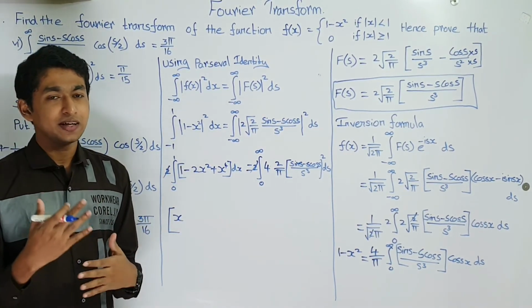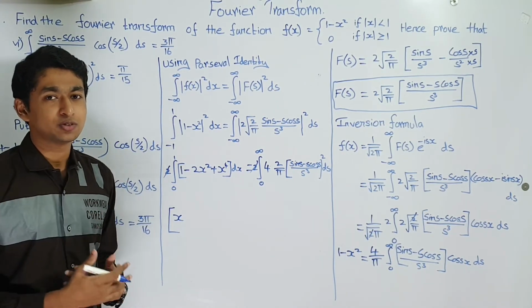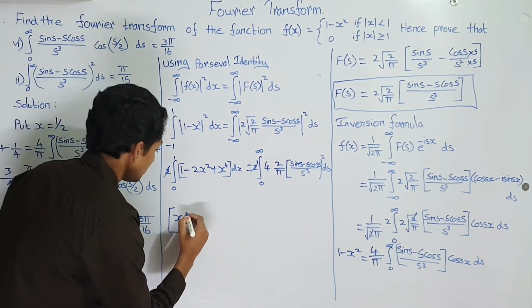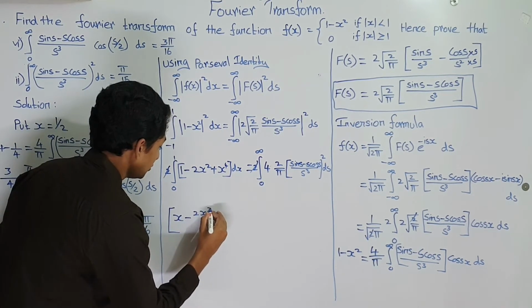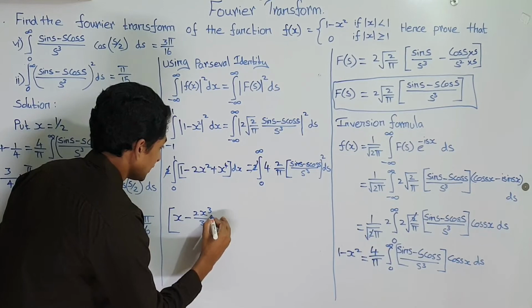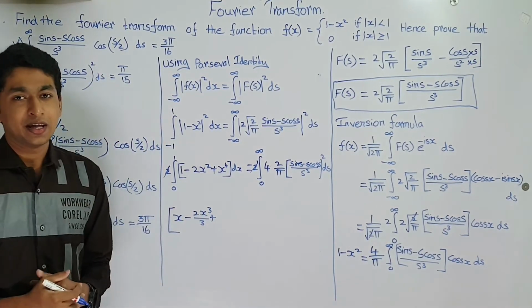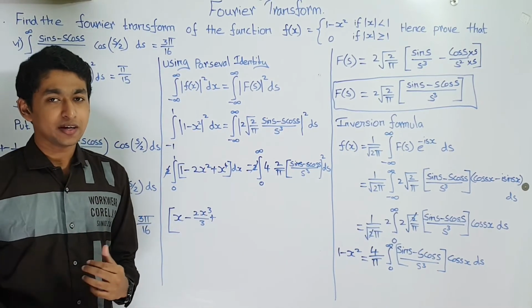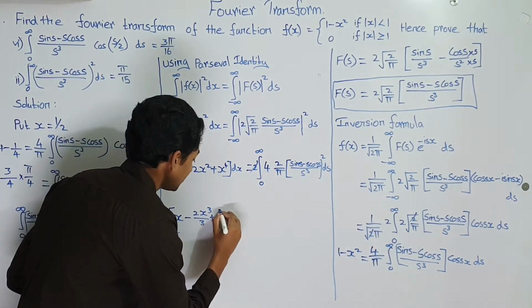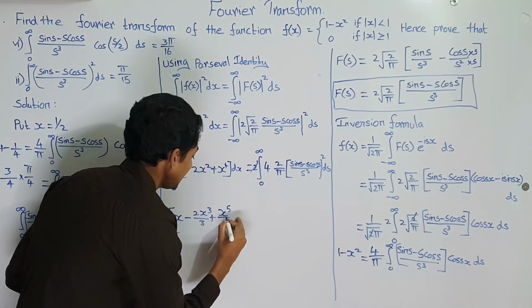So what is the integration of x square? So x power 3 divided by 3. So இங்க மைனஸ் இருக்கு and 2 இருக்கு, so minus 2 x cube divided by 3 plus x power 4. What is the integration of x power 4? It's x power 5 divided by 5. So x power 5 divided by 5.